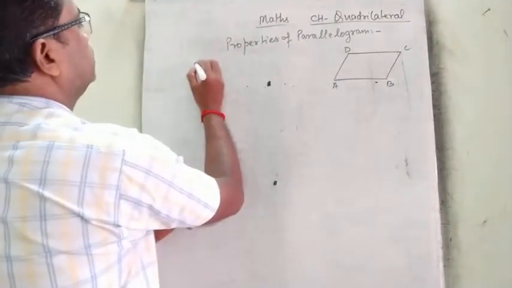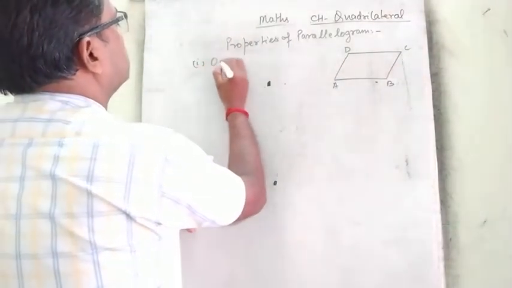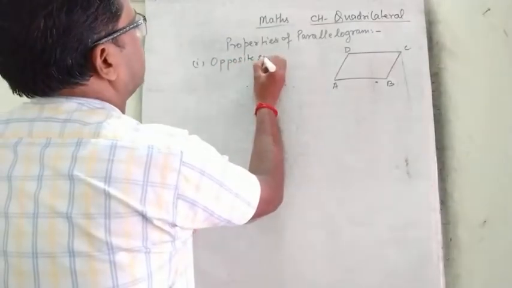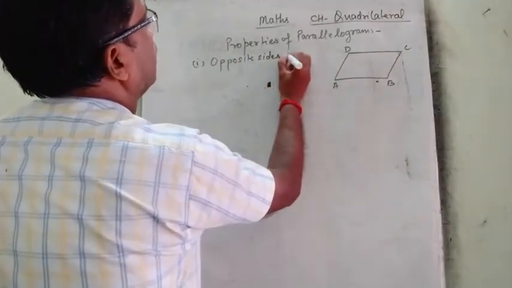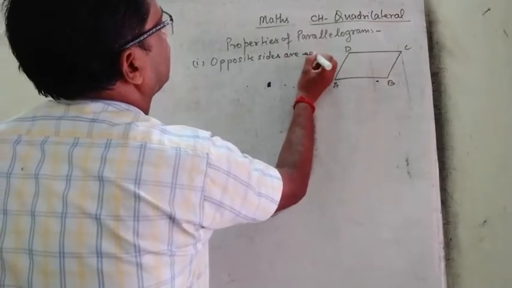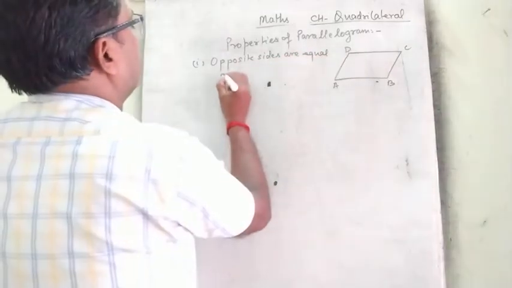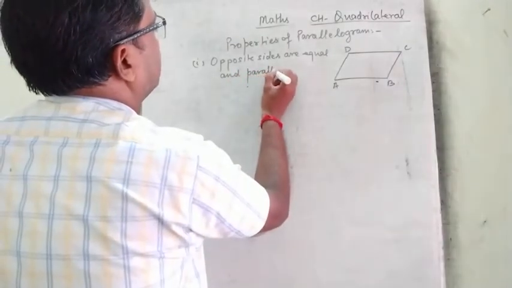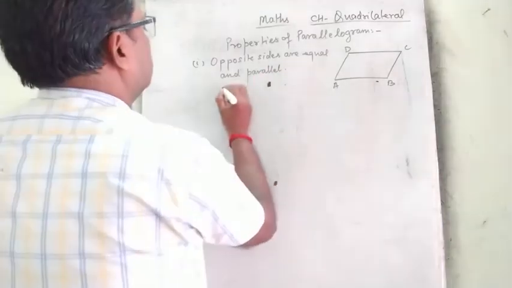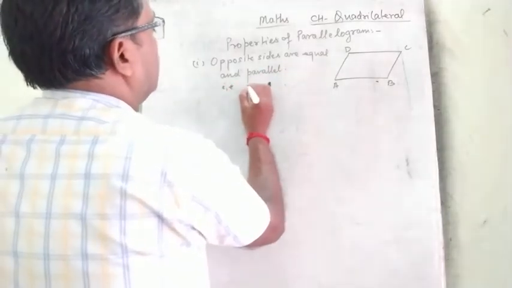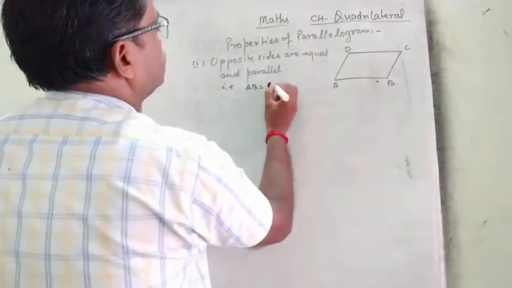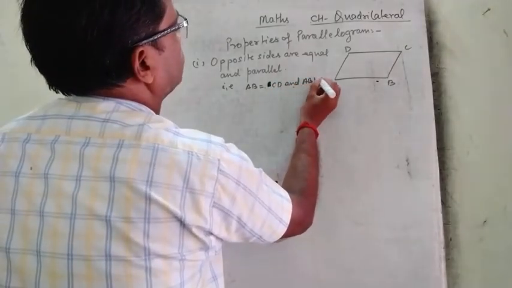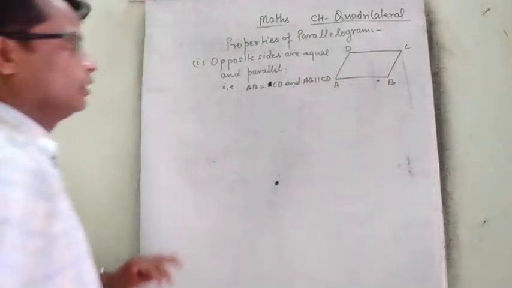First property: opposite sides are equal and parallel. That is, AB is equal to CD and AB is parallel to CD. Clear? This is the first property of a parallelogram.